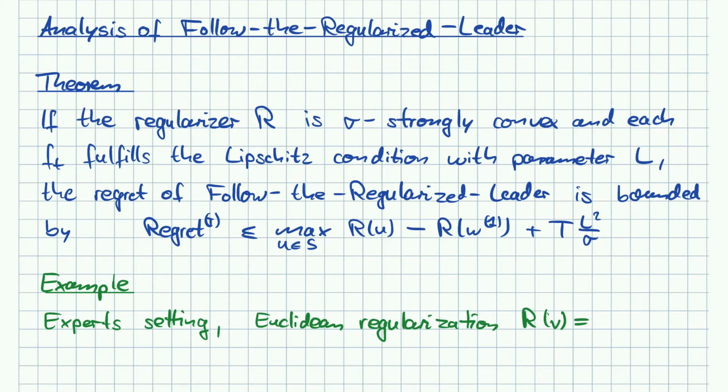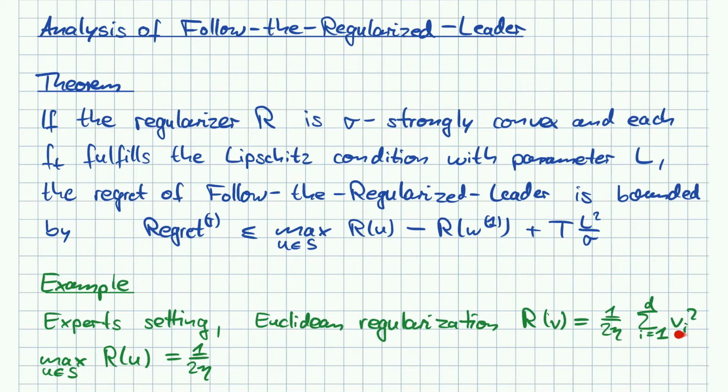R of v is 1 over 2 eta times the sum of the squares of the individual components. What's the maximum value that the regularizer can take? I will just tell you that this is 1 over 2 eta in this case. How can you see this?